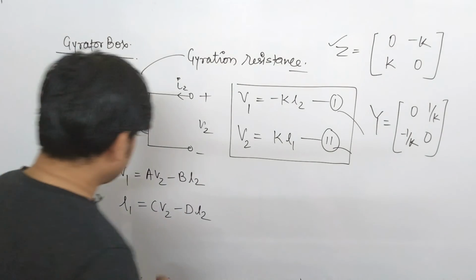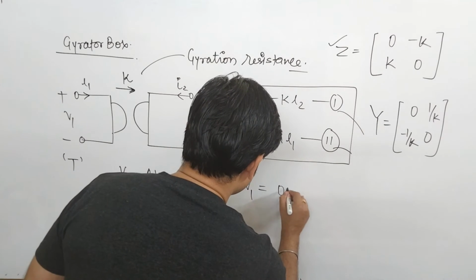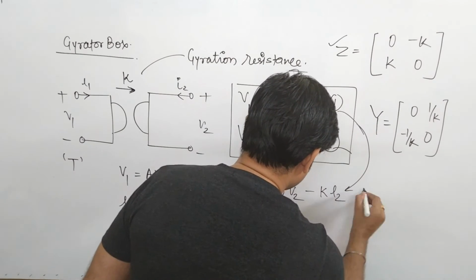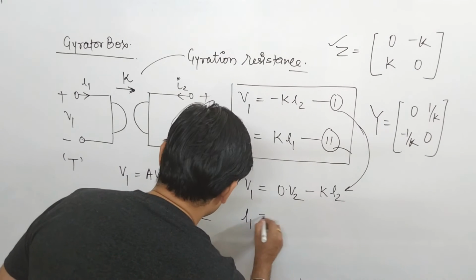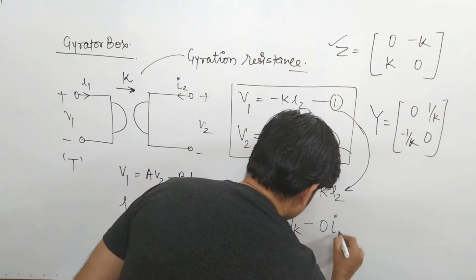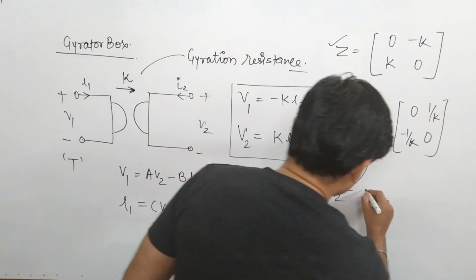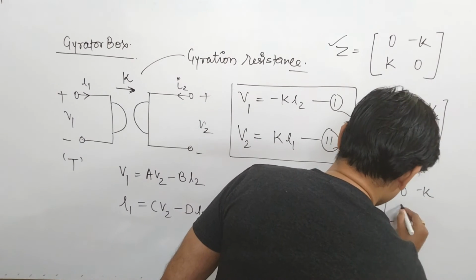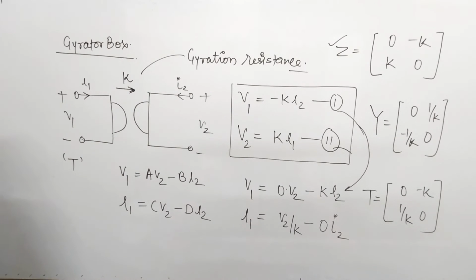Now if I arrange this again in this form, this comes to be V1 is equal to 0 V2 minus K I2, and I1 is equal to V2 by K minus 0 I2. So from here the transmission matrix T is given by 0, minus K, 1 by K, 0. This is your transmission matrix.